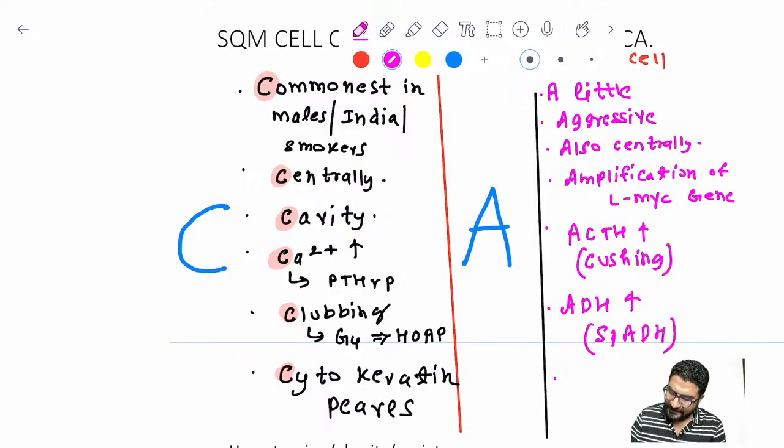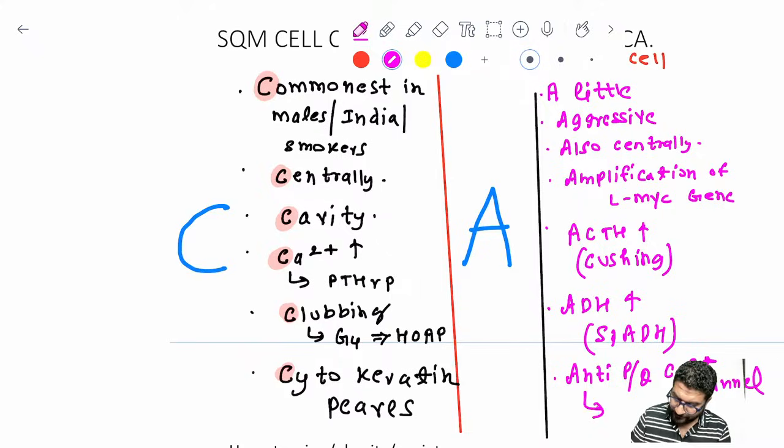Next A, understand, patient will develop antibodies. Which antibodies? Antibodies against PQ type of calcium channel. And this is what we call, इसको बोलते हैं Lambert-Eaton syndrome.